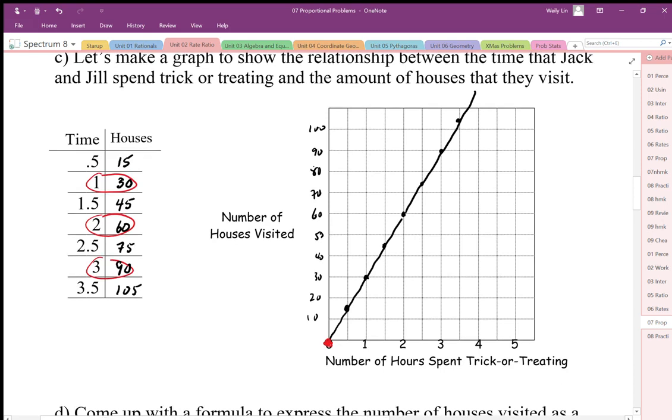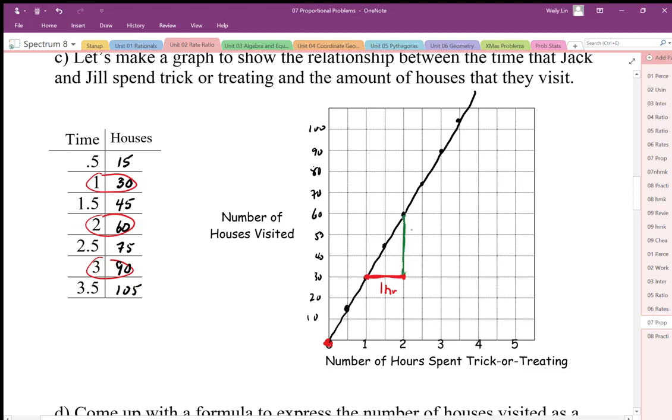This idea of proportion shows up in something called slope. And I'm going to just show you the parts of this slope. Okay, we have 1 hour here. This is what we call the run, the change in the x. And vertically, it's like a staircase.